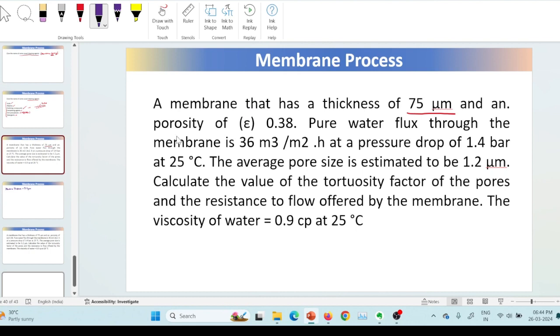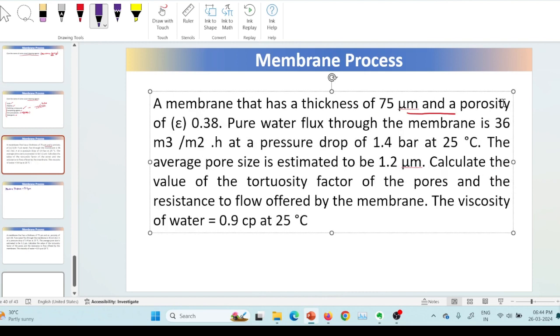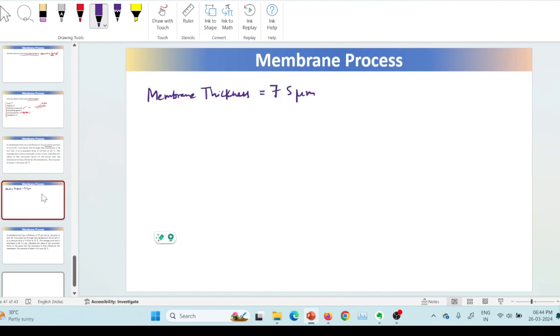The membrane has a thickness of 75 micrometer and a porosity of 0.38.